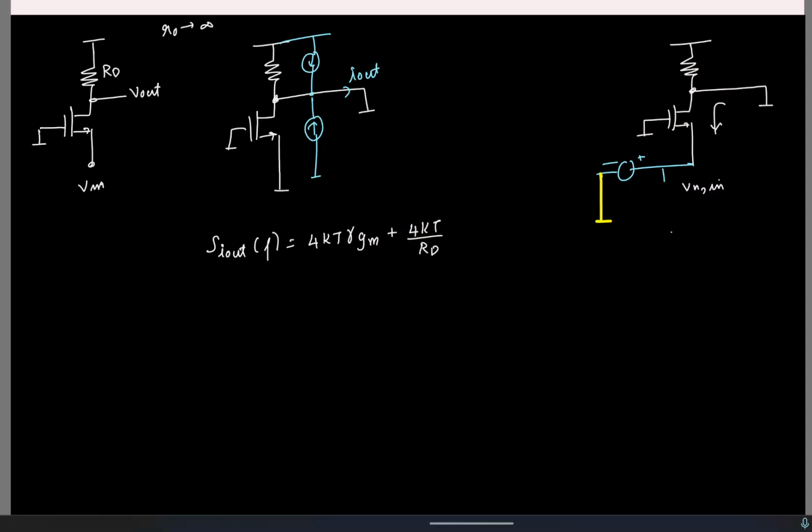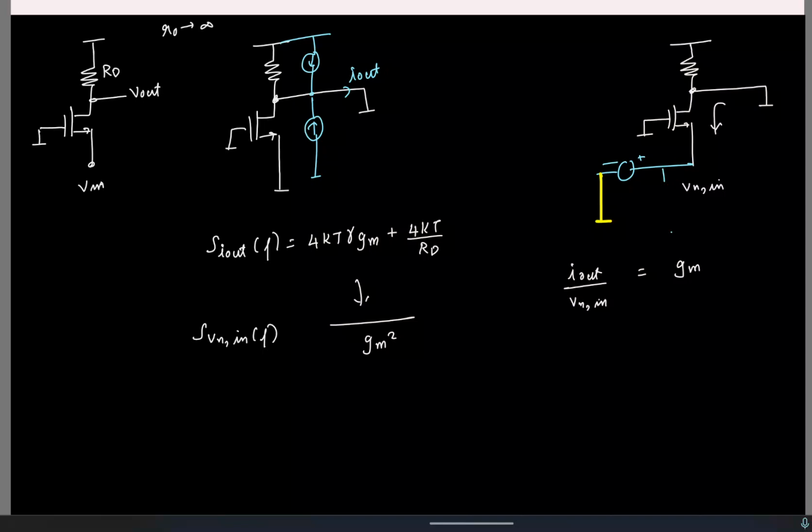You take care of polarity, but in this case it doesn't matter. So the transfer function Iout/Vn,in is gm. Sorry, 1 by gm was wrong, gm, you're right. So to find the input referred voltage noise, I'll take this and divide by gm squared. This will give the input referred noise.